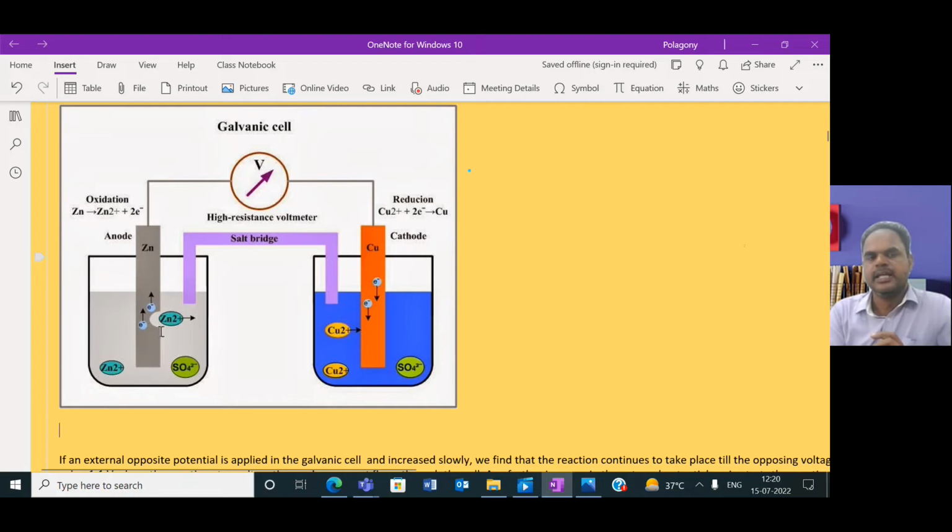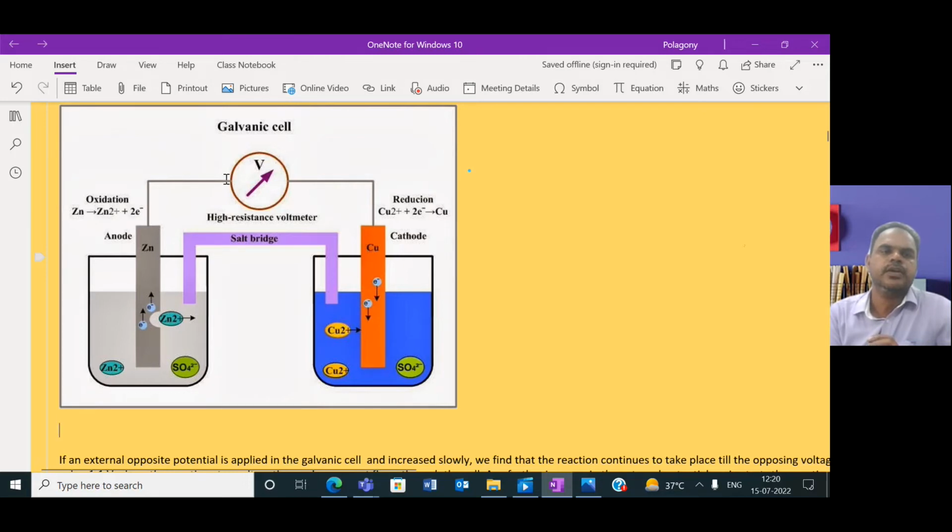That means in the electrolytic solution, the concentration of Zn2+ ions increases as the electrons pass through the circuit. Here you can see the equation: zinc metal gives rise to Zn2+ and 2 electrons.